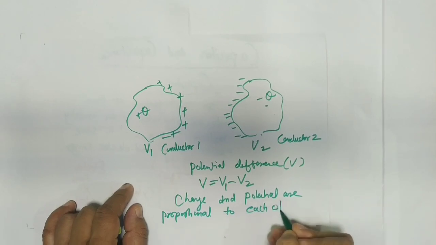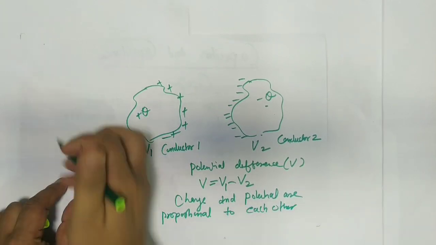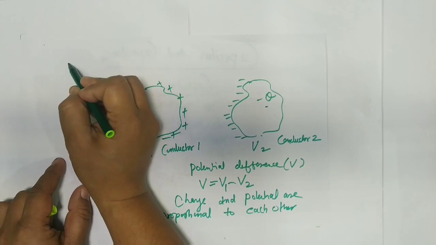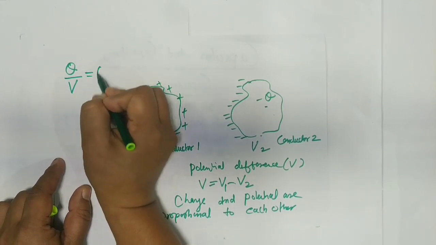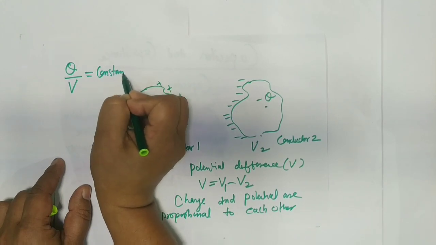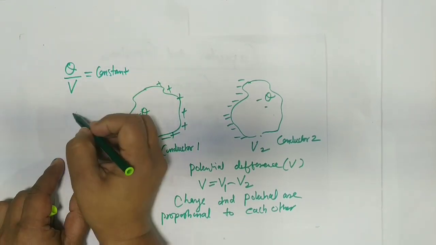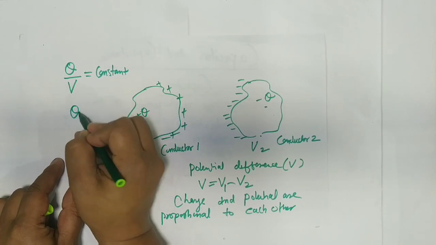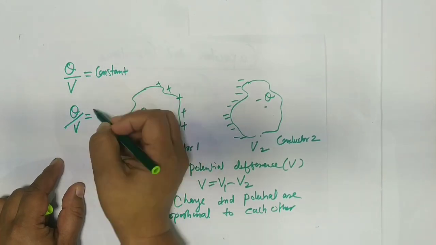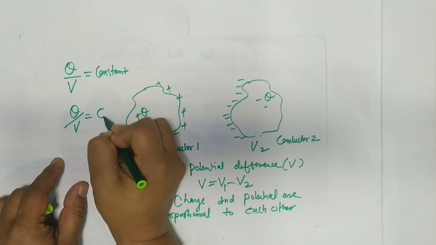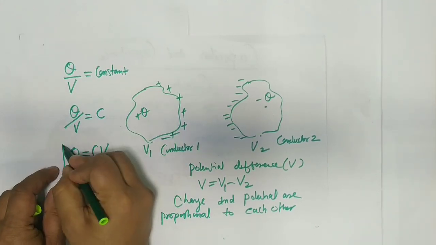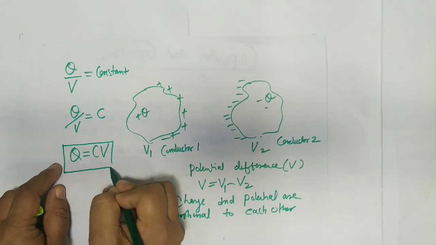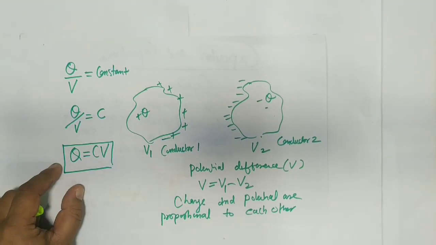Simply we can say that the ratio of charge and potential will be constant. That means Q by V is some constant, and that is C. So Q is equal to CV. This is the law of the capacitor, the principle of the capacitor.